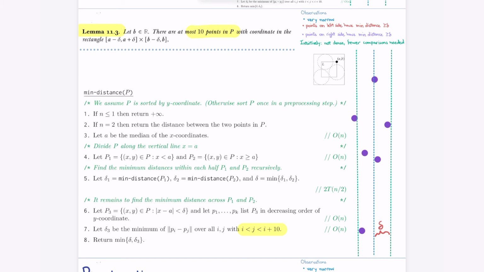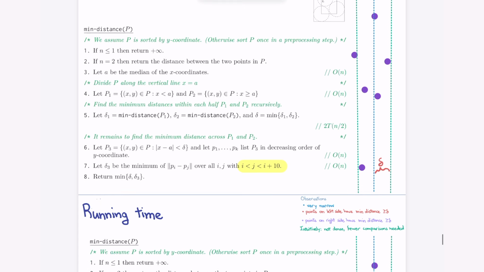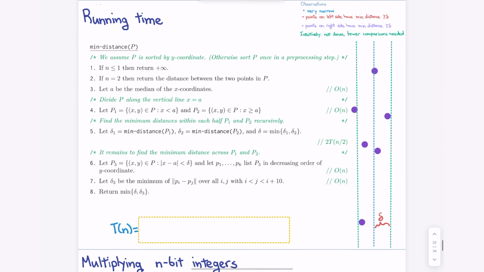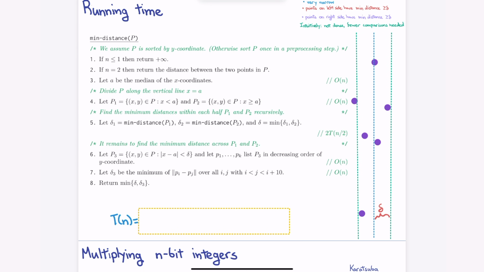Oh, okay, good. So, okay, I'll only mention at the end, how do we model the running time? What will be the running time?